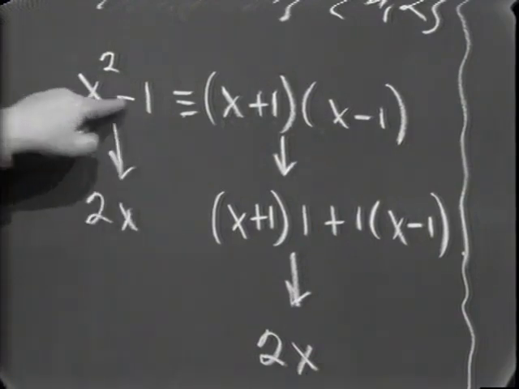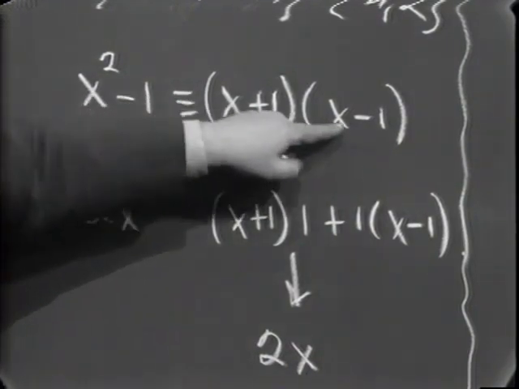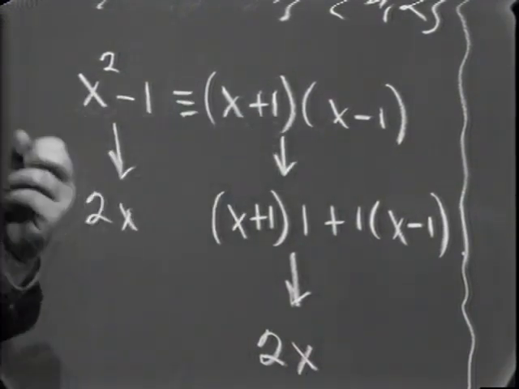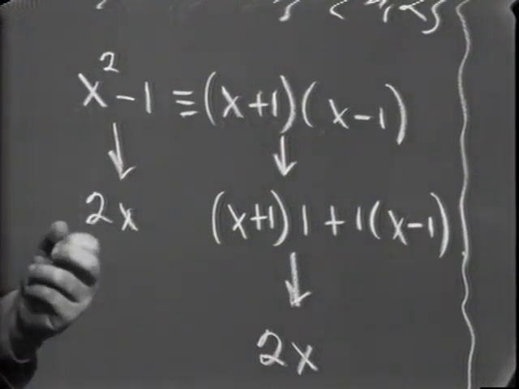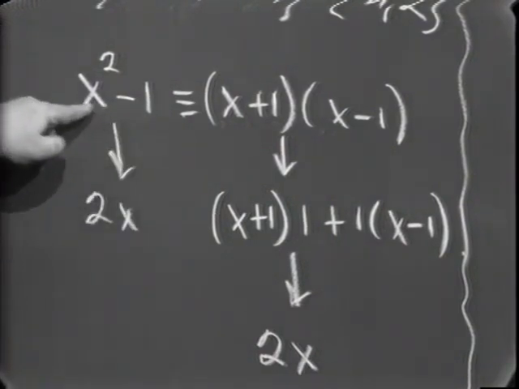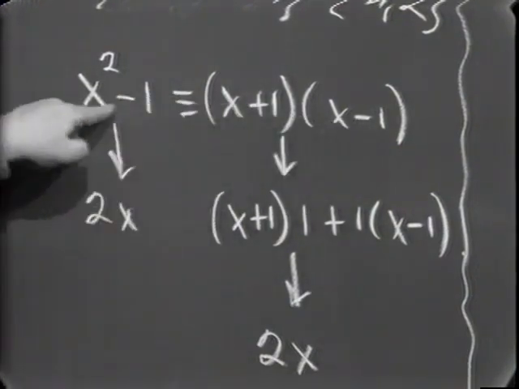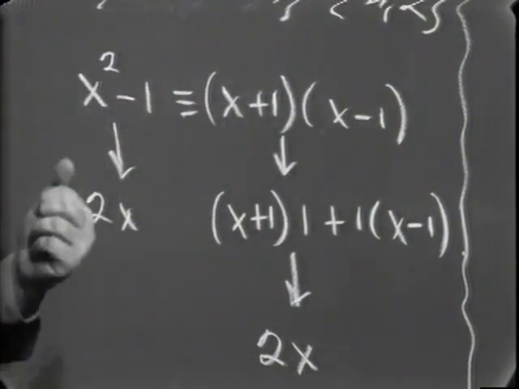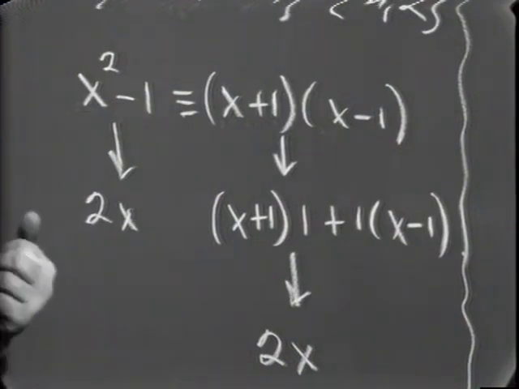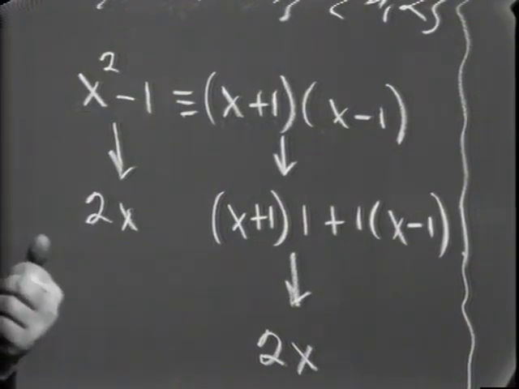In other words, the solution set of this particular equation includes all real numbers. Or another way of saying it is that if you were to subtract x plus 1 times x minus 1 from x squared minus 1, the result would be 0 independently of what the value of x was.